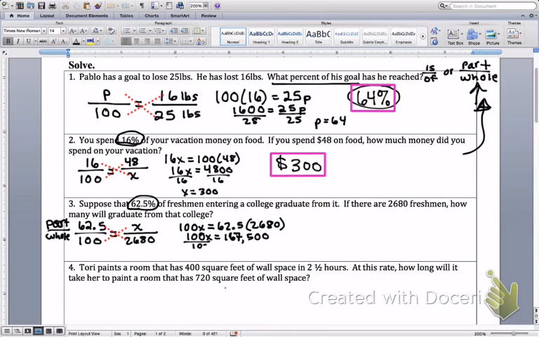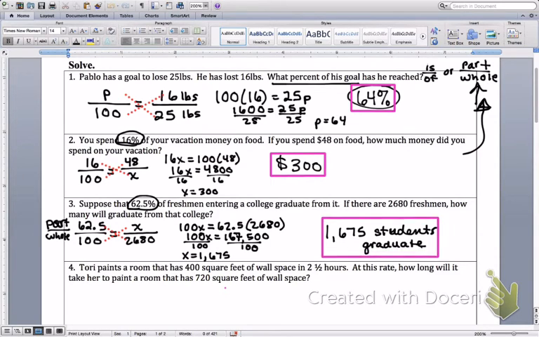Then divide both sides by 100. We get x equals 1,675. So not all of them graduate. 1,675 students graduate. That means some of them might have dropped out, left, or transferred schools, but not all of them graduate.